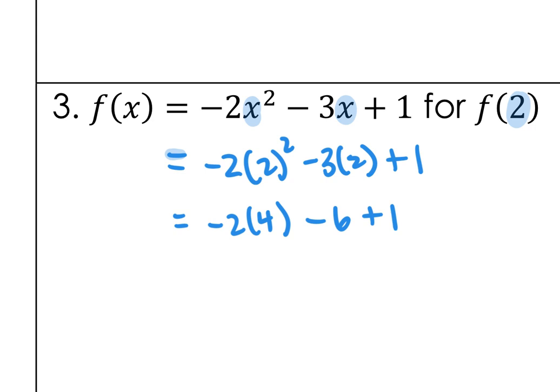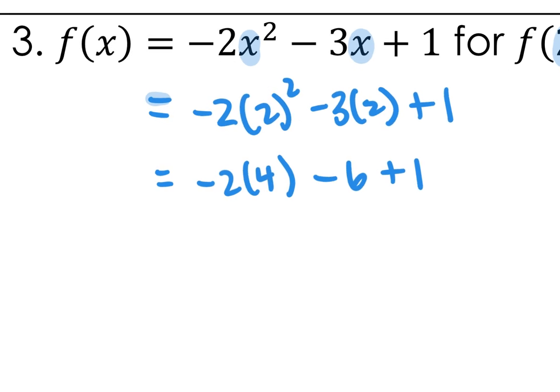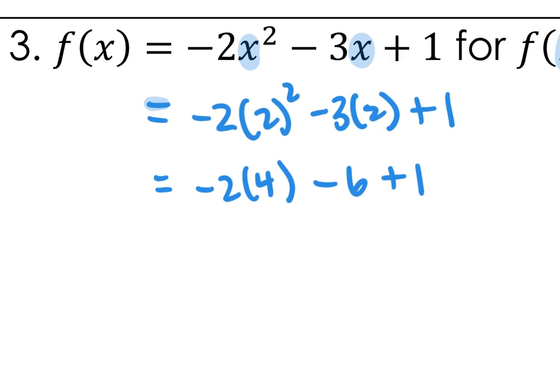Okay? Now all I got to do, I've got some more multiplication that I need to do here. The negative 2 times 4 is negative 8. So I have negative 8, and then the minus 6 and the plus 1. Now I can just go ahead and put this in my calculator from left to right.